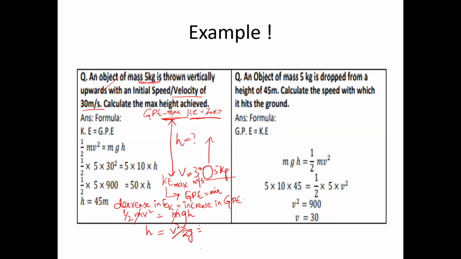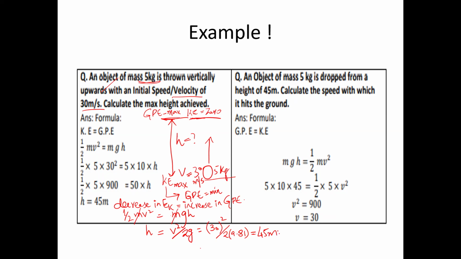And v square divided by 2g is going to give us what value? It is going to give us 30 meter per second square divided by 2 into 9.81. And as a whole, we will end up with an answer of 45 meters.